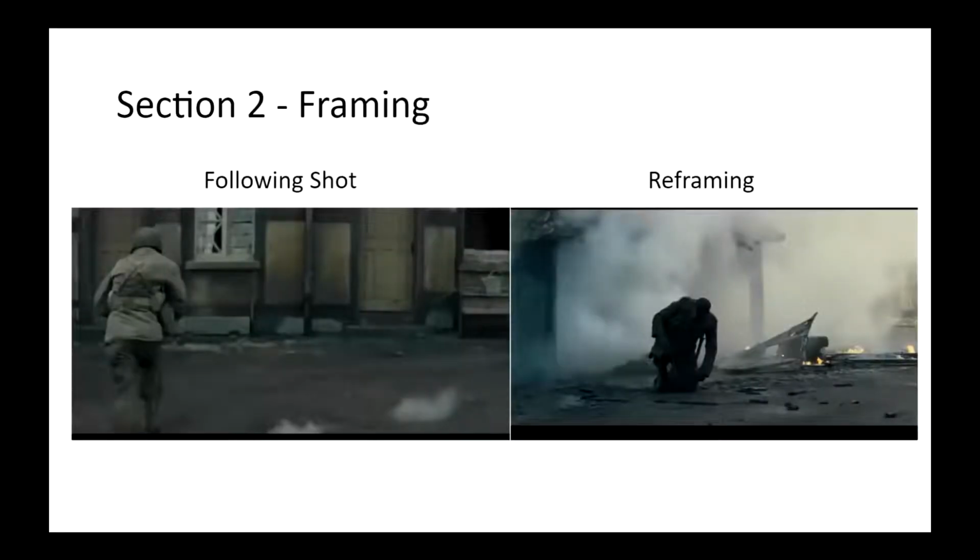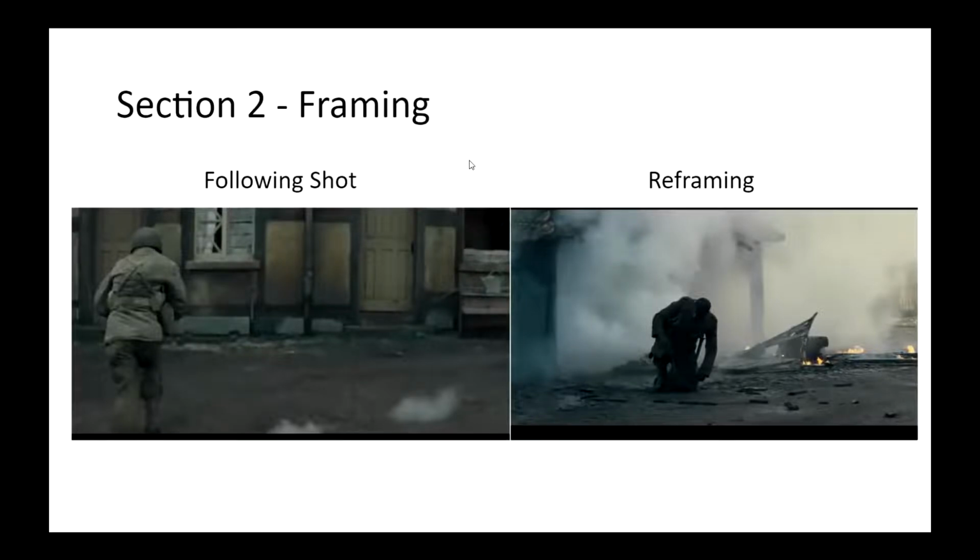Second section, we have framing. On the left side, we have a following shot example. This is during the final battle with the German troops in Alsace, when Saeed is running inside the building looking for the French major to try to save him.